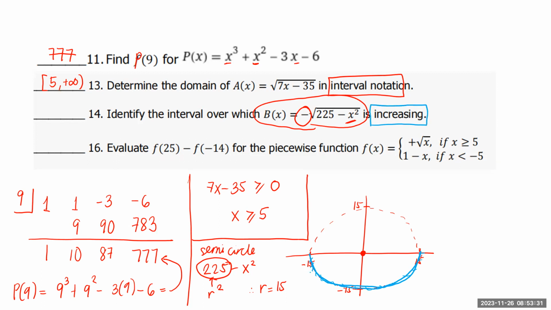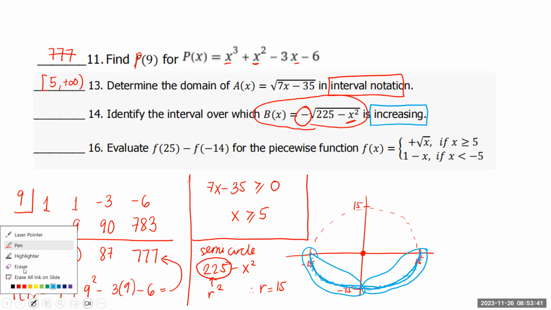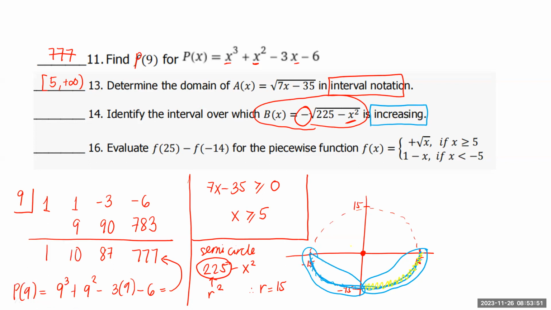The circle is divided into 2 parts. This is the first part, and this is the second part. Alin dyan ang increasing? Of course, this part right here is increasing. This is from x equals 0 to x equals 15. So that is 0 to 15.